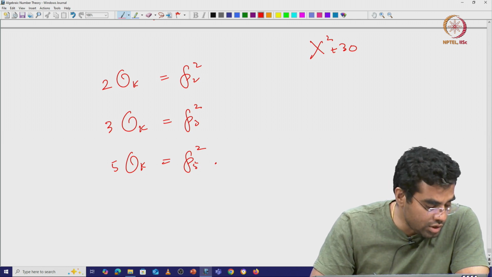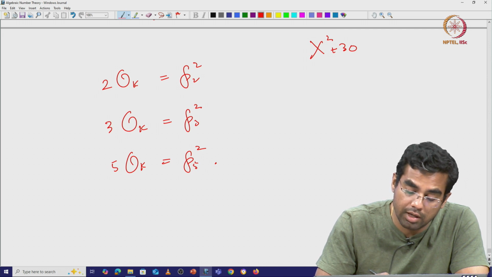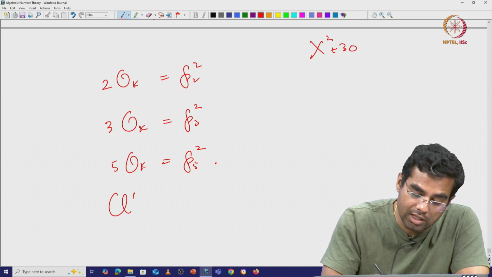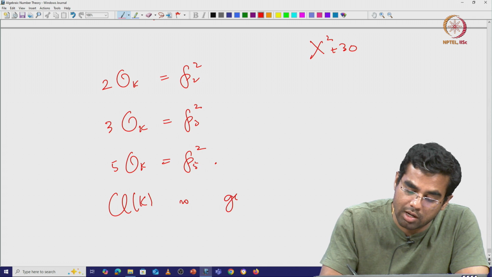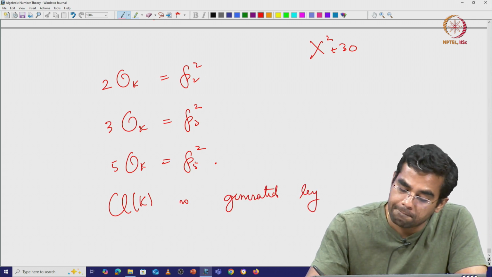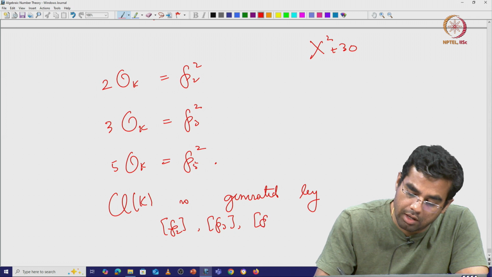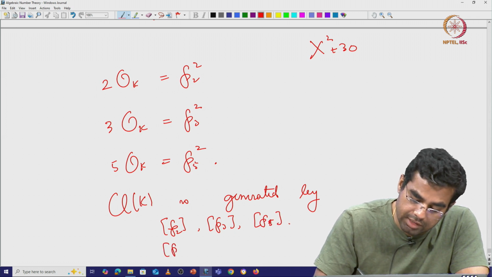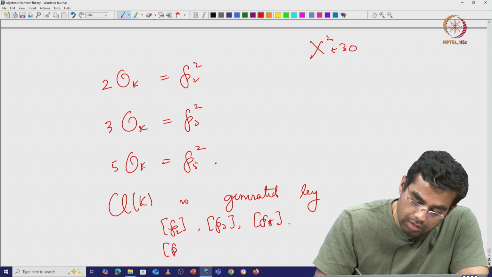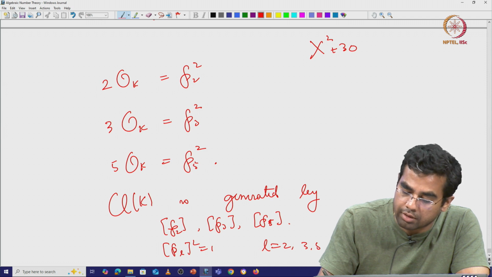So, CL K is generated by P2, P3, P5, and each of them satisfies PL square is 1 for L equal to 2, 3 and 5.